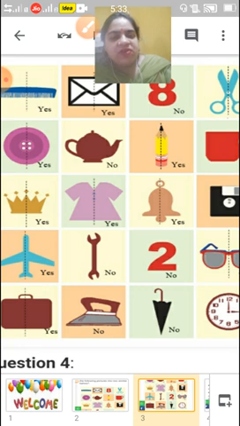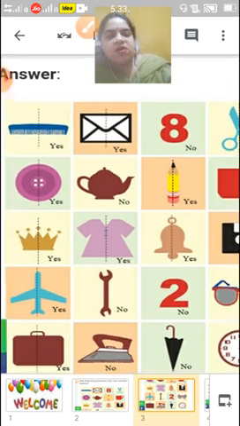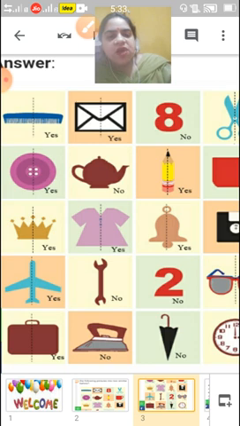Next picture is the Taj. So this is also yes. Next picture is an aeroplane. So your answer is yes. Next picture is your briefcase. So your answer is yes. Next picture is your postcard. So your answer is yes.